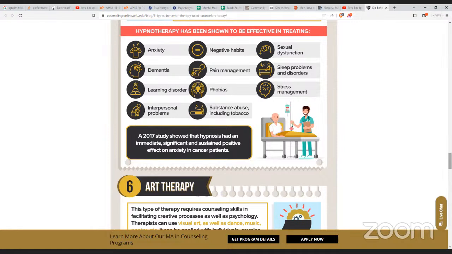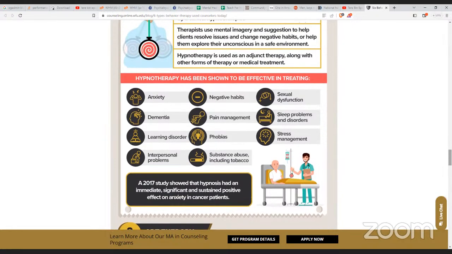That is the basic theory of alternate consciousness. When you reach the alternate consciousness, there is a high probability that you can reveal yourself totally, and you will be guided by the suggestions of the hypnotherapist. That is the basic assumption of hypnotherapy.